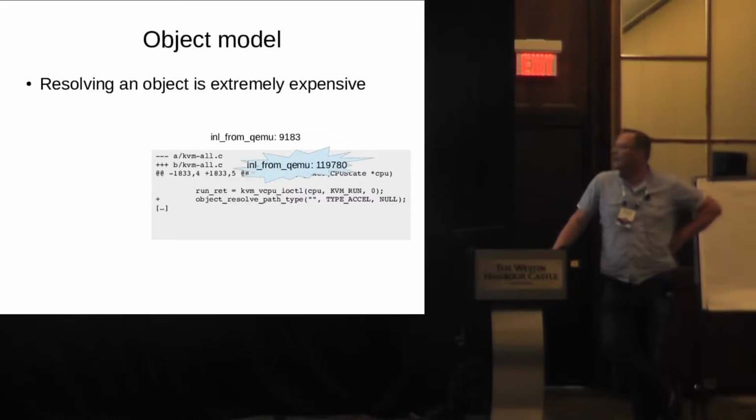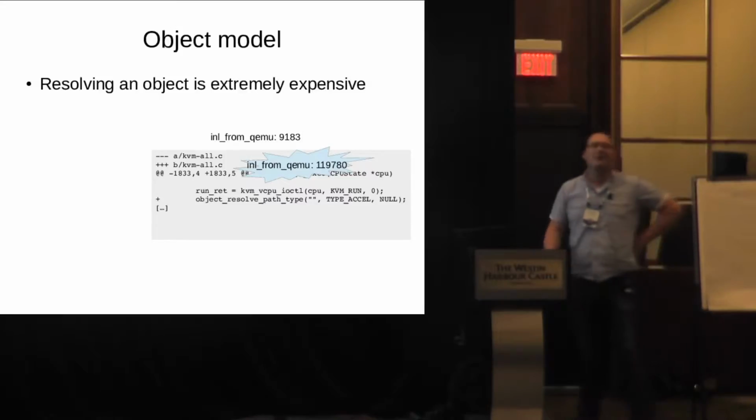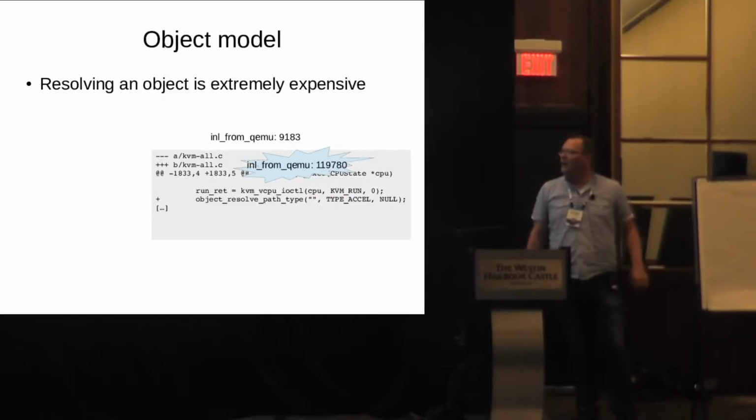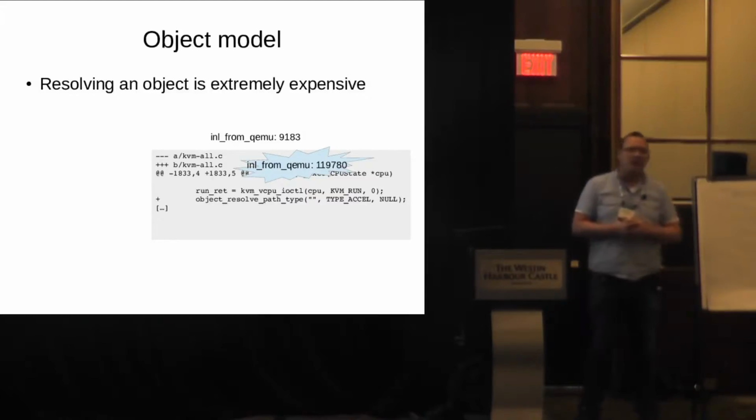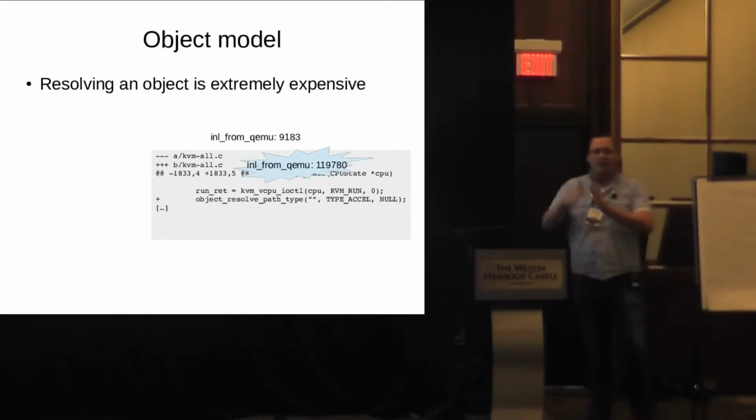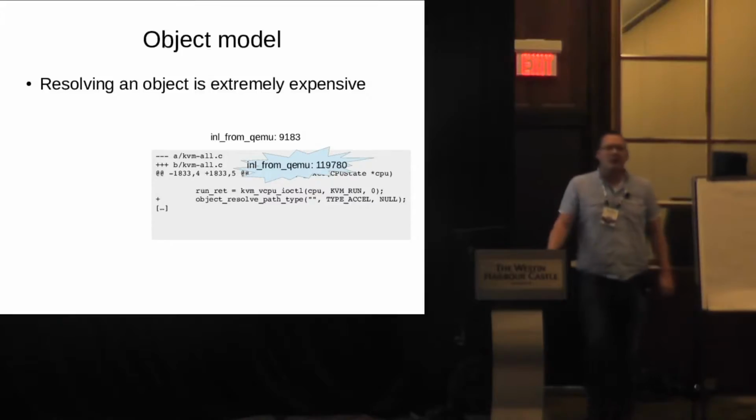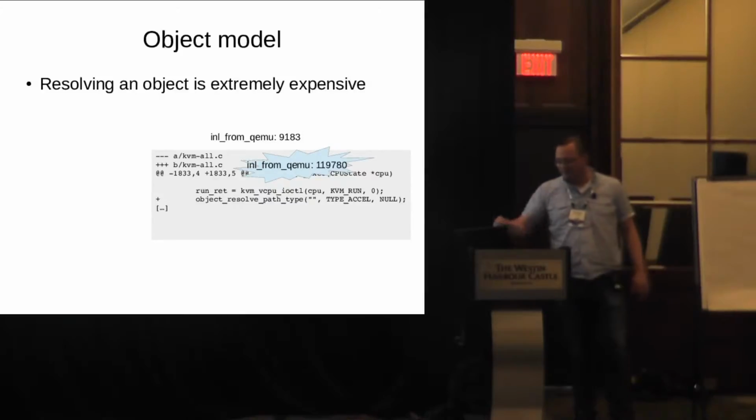And I have basically an overhead of 110,000 cycles for just resolving one specific object. Wow. I have not yet had time to find out what's going on. It's walking glib iter objects and walking lists, whatever. So there's probably room for improvement in that area, and this is something I want to look into after KVM forum.